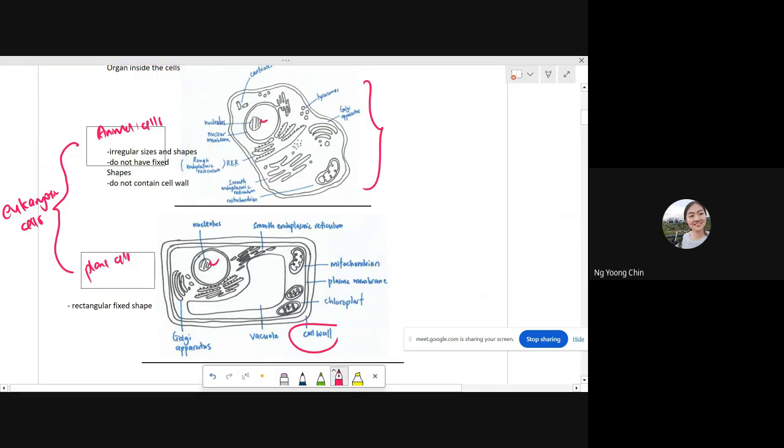And also, they have a lot of membrane-bound organelles inside their cytoplasm, such as the endoplasmic reticulum, the Golgi apparatus, the vacuole, and the mitochondria. So they belong to the eukaryotic cell because they have a nucleus and membrane-bound organelles.